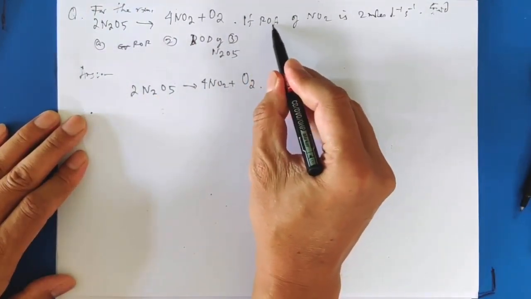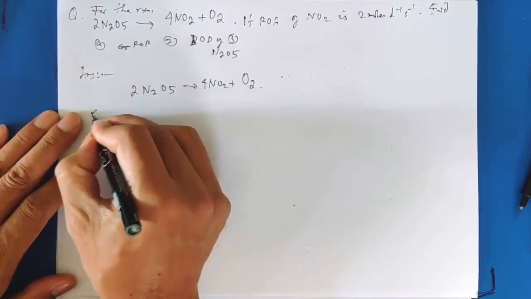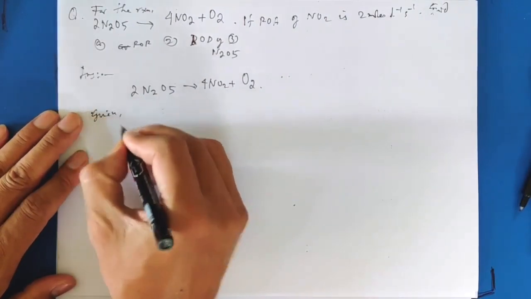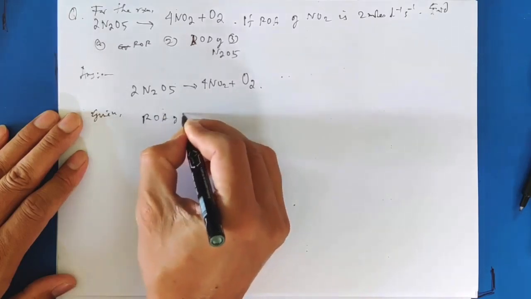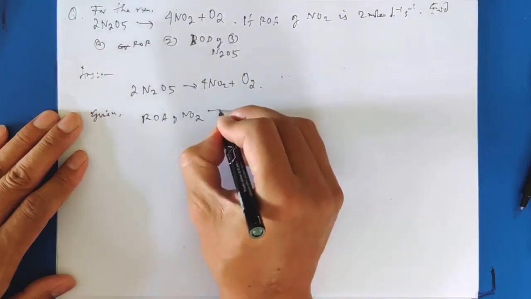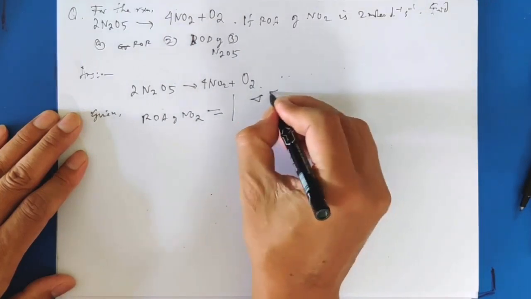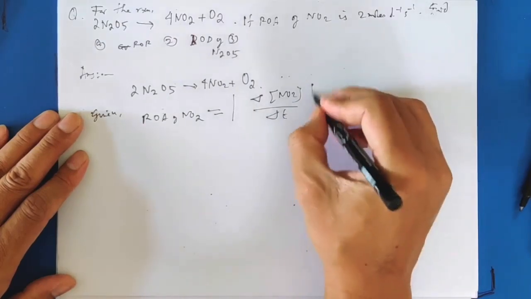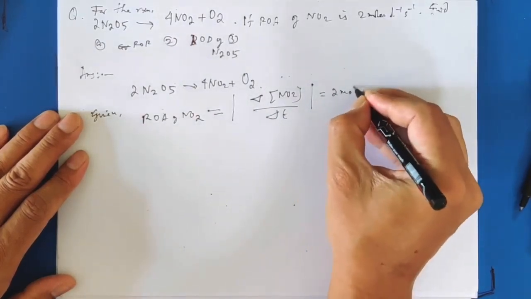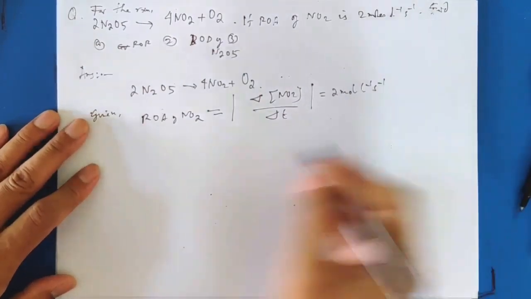Listen. Rate of appearance of NO2 is 2 moles, so it's given by the question. This is rate of appearance of NO2, del NO2 del T, which is 2 mole liter inverse second inverse.